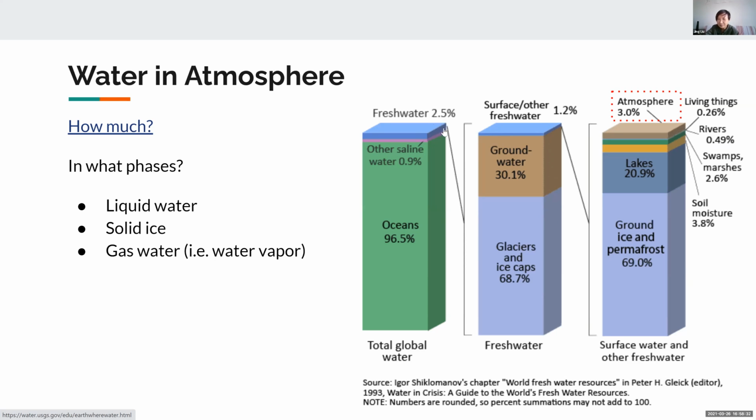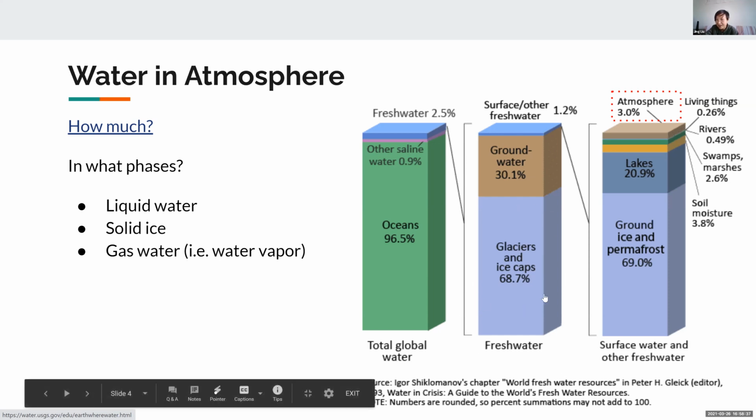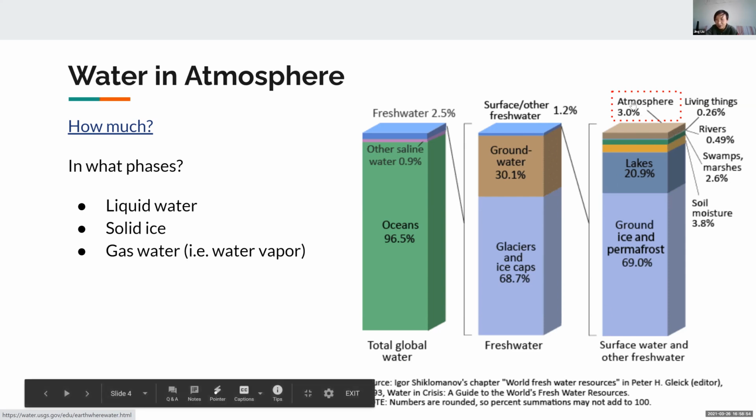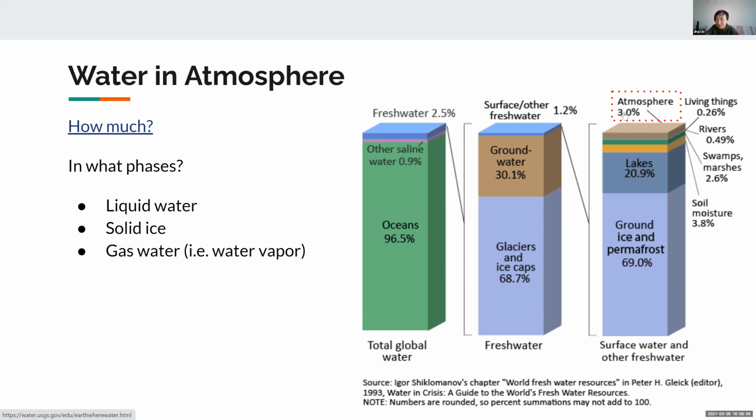If you treat this fresh water as one, glaciers and ice caps take a lot of the percentage. Surface fresh water is only 1.2% of this fresh water. If you break that down again, the atmosphere is 3% of this 1.2. So it's very, very little, but it's very dynamic.